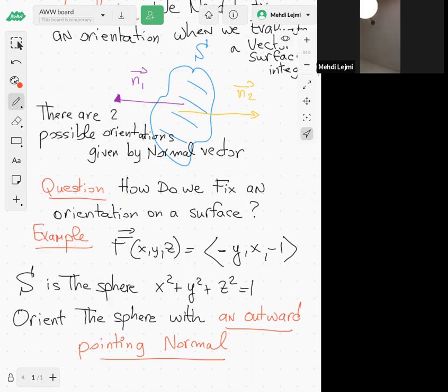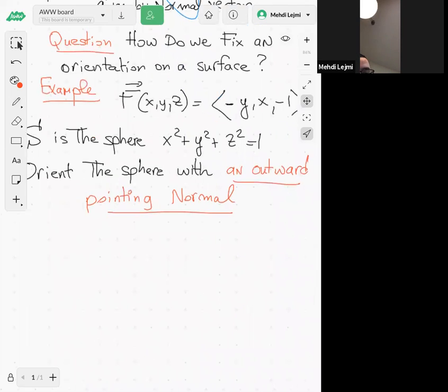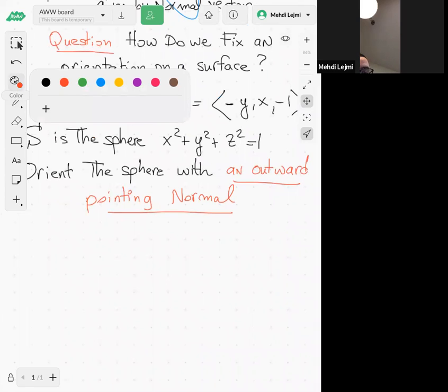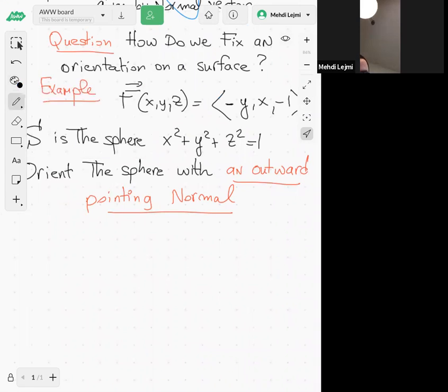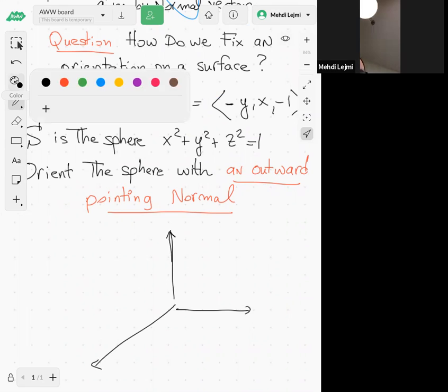So here I'm fixing the orientation. I'm saying that the normal vector to my sphere must be an outward pointing normal. Here's my space R3, here's my sphere.